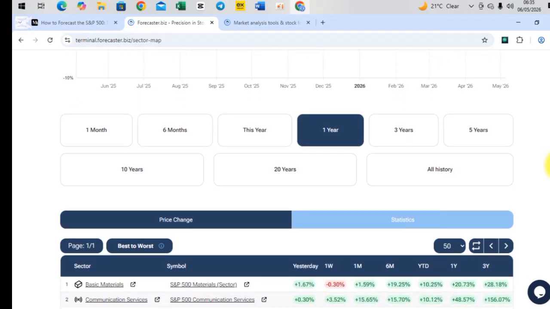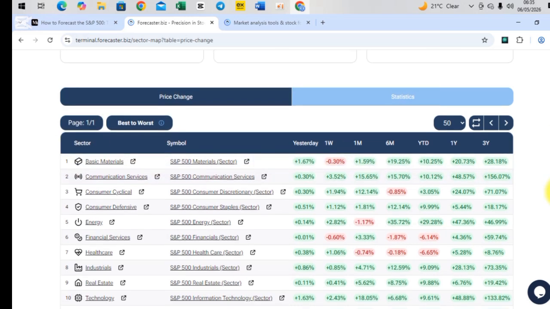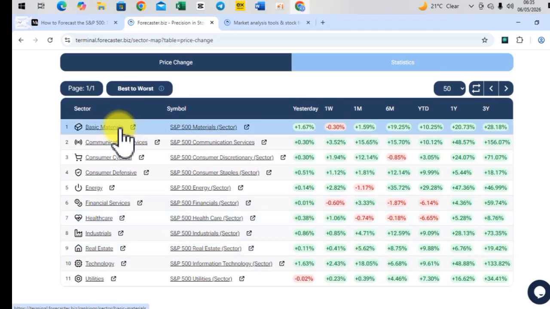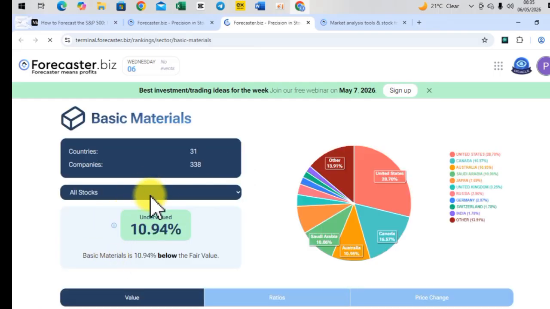So if I scroll down, we have other tabs, and we have the price change and statistics. Under price change, where we are, you can see all the 11 sectors I've been talking about. And if you click on each of them, you are going to see more details, and you are going to see if, for example, it is undervalued or overvalued, or it is exactly at the fair price.